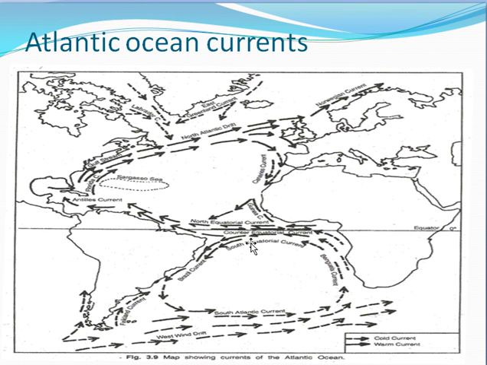In the south part, I will take first South Equatorial Current. South Equatorial Current, like North Equatorial Current, moves from east to west. It is also influenced by Benguela Current. This Benguela Current is a cold current.